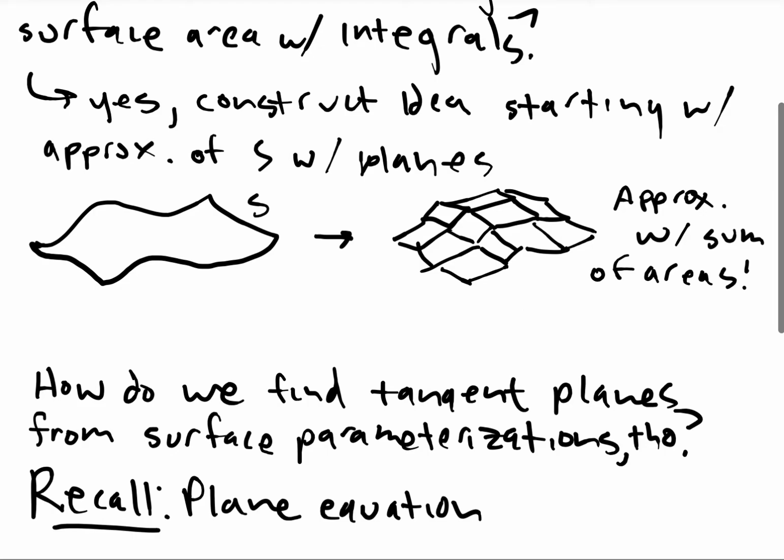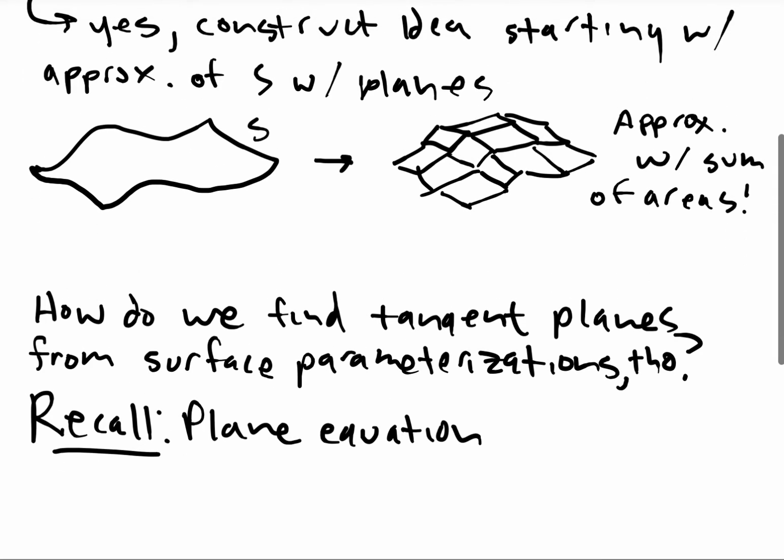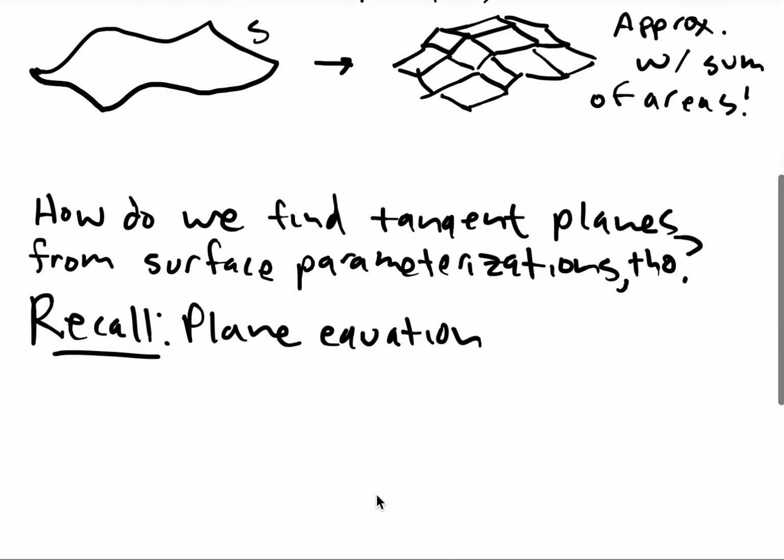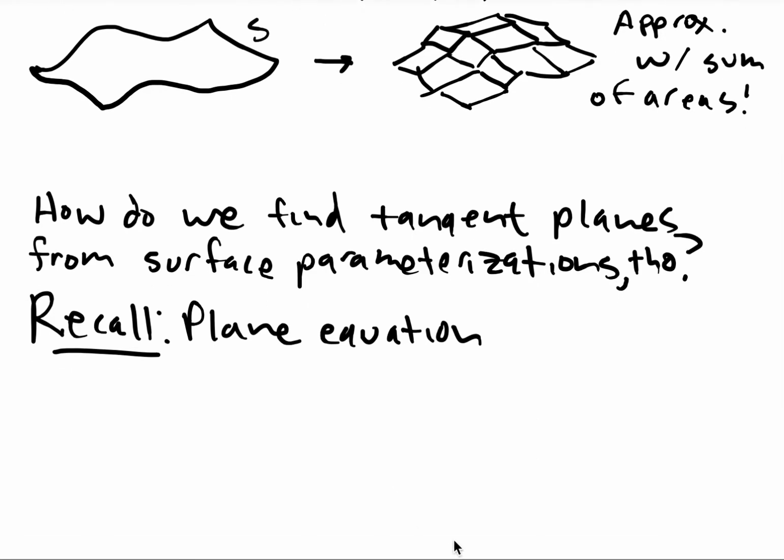So it is a worthwhile question to ask, to make sure that we can reasonably find planes that could do an approximation like this. How do we find them? Well, remember, anytime that you're trying to find a plane, you're going to need two things: a normal vector, and also a point on the plane.